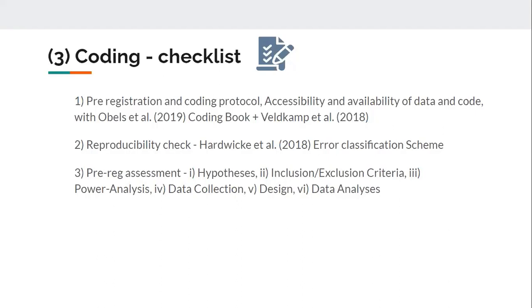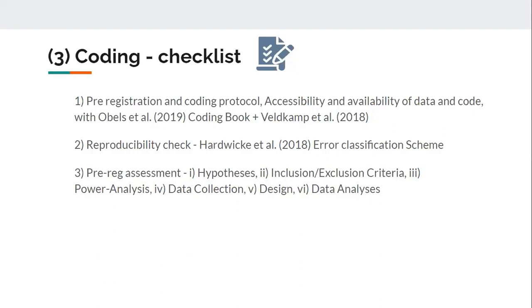So that includes a coding book, which we adapted based on that. Then Wilcoxon et al. 2018, ensuring the quality and specificity of pre-registration.